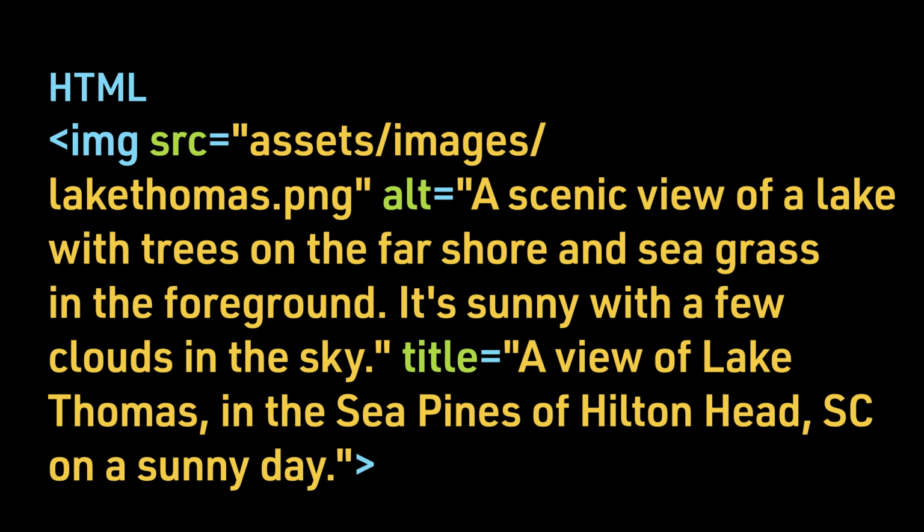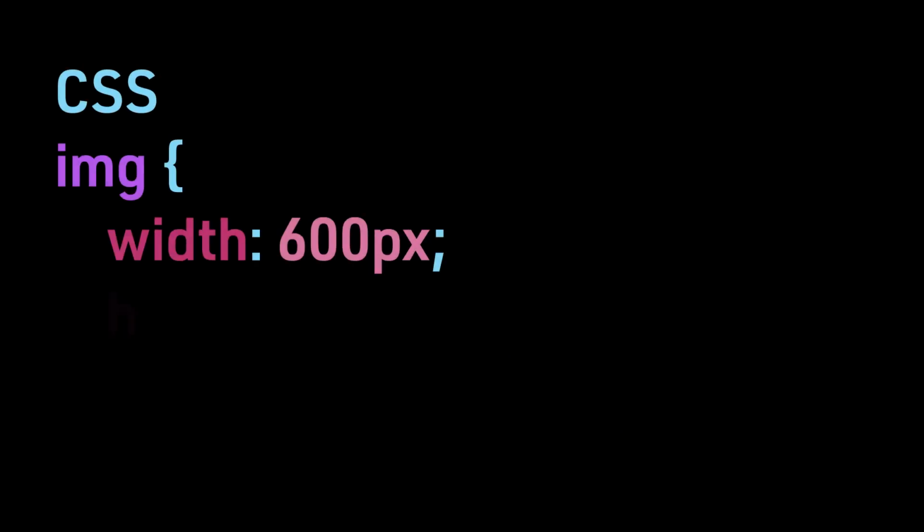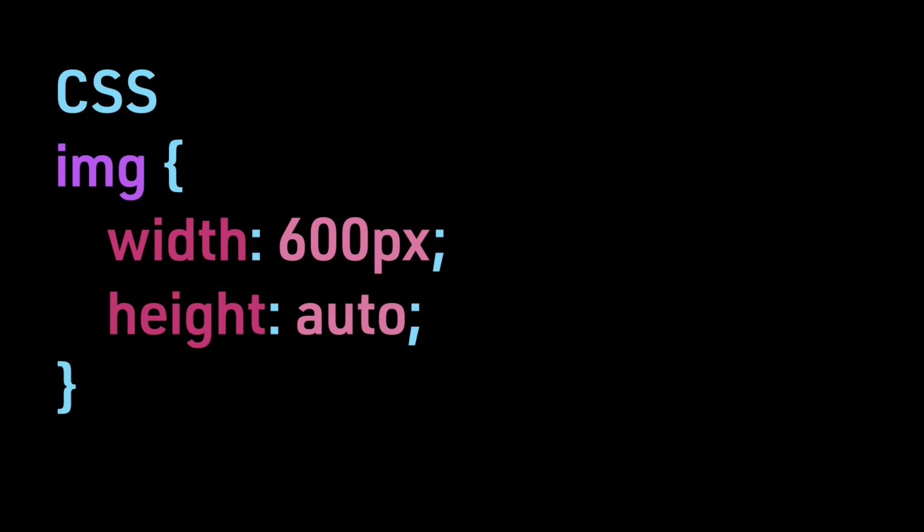Alt equals a scenic view of a lake with trees on the far shore and seagrass in the foreground. It's sunny with a few clouds in the sky. Title: a view of Lake Thomas in the sea pines of Hilton Head, South Carolina on a sunny day. By setting the height to auto, the browser will automatically calculate the height to display the image based on how you are limiting the width.